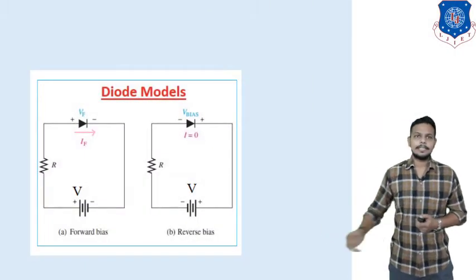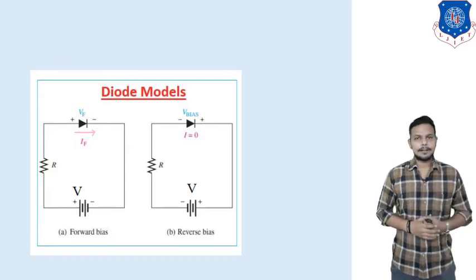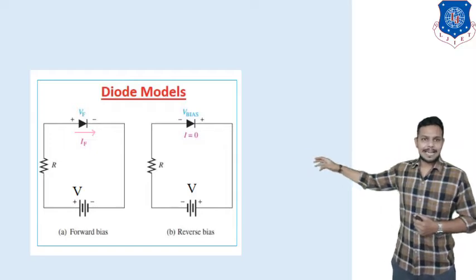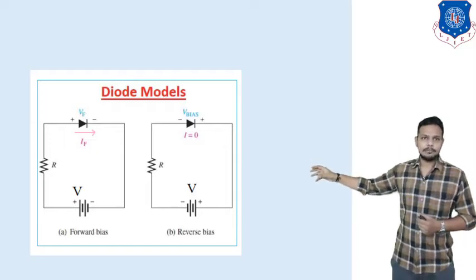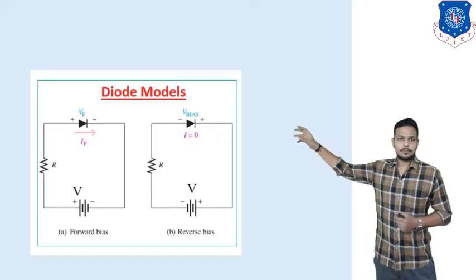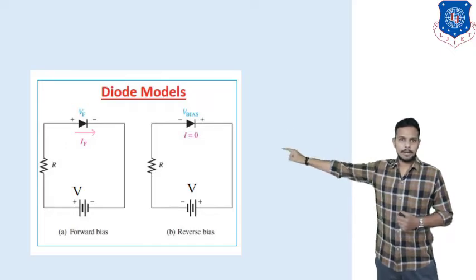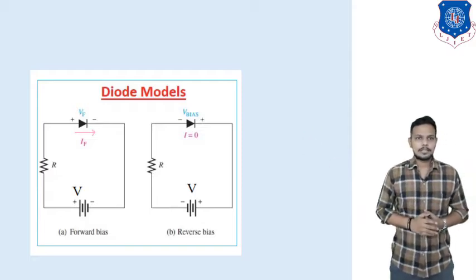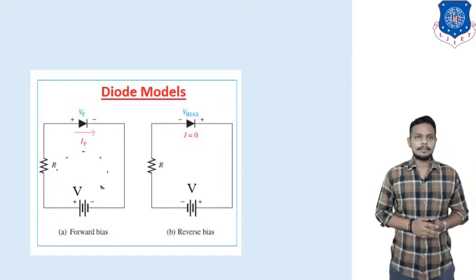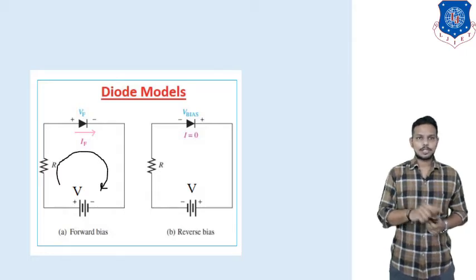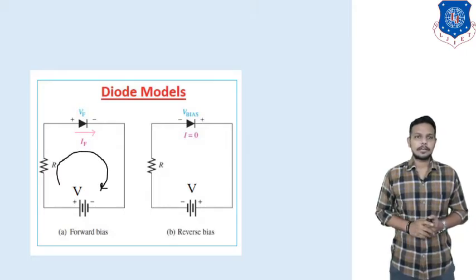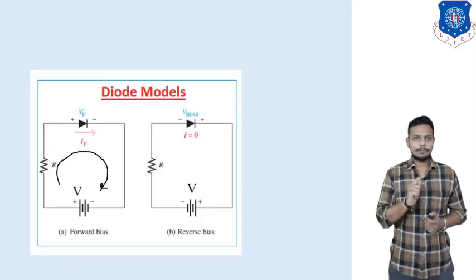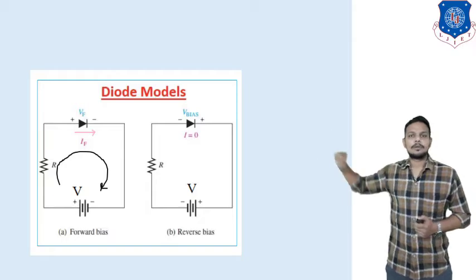Next is the circuit diagram of forward bias and reverse bias. Here we can see both circuit diagrams. In diagram A, the diode is in forward bias. Current always flows from plus to minus, which is known as conventional current, and it is in the direction of the diode.